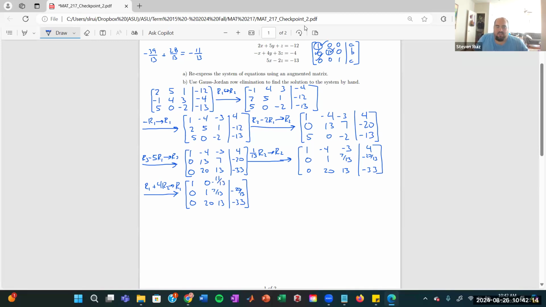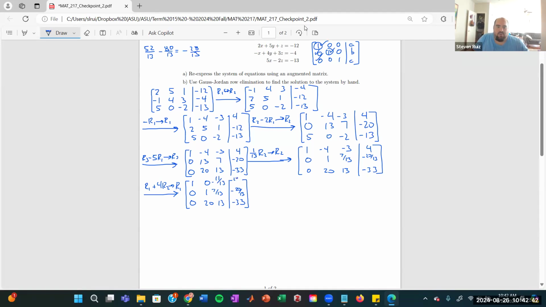All right, so then what's this next entry going to look like? Let's clear my scratch paper out. Row 1 is 4. That's 52/13 plus 4 times row 2. So that's minus 80/13. That gives me negative 28/13.